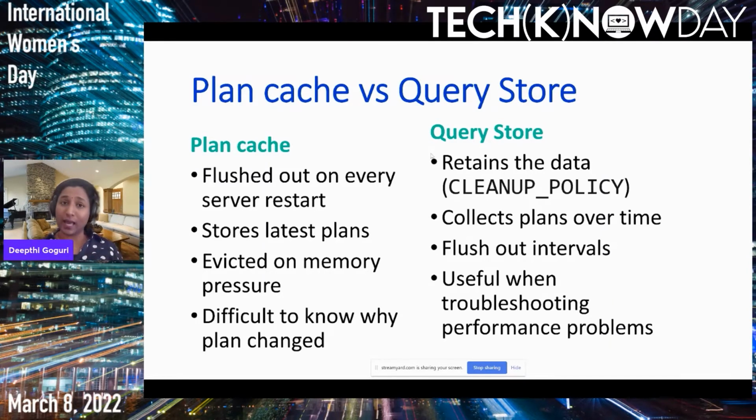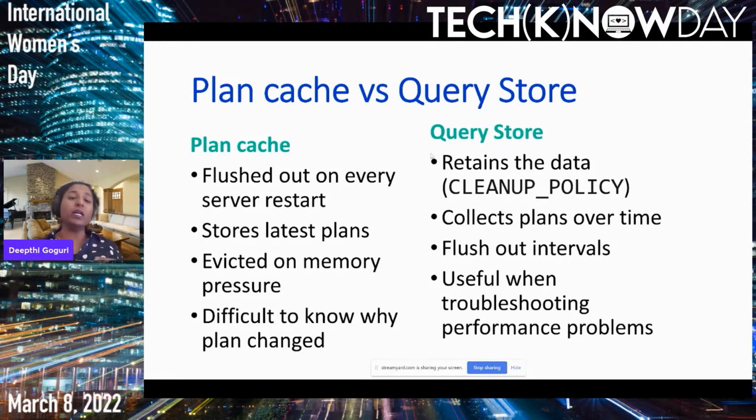With a plan cache, just like I said, plans will be evicted based upon memory pressure. But with the query store, until the flush interval has been reached, all the data will be captured in the memory, like we saw in the previous slide on how the query store works. It will capture that data and push it to the query store schema later.